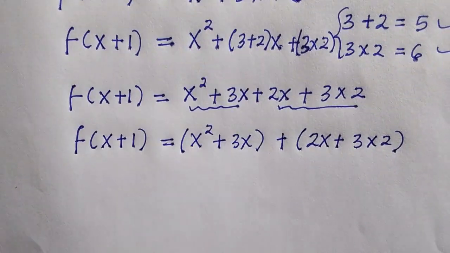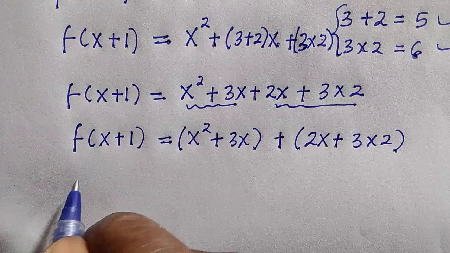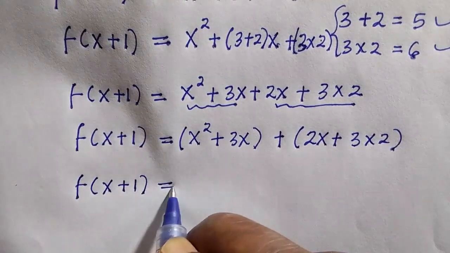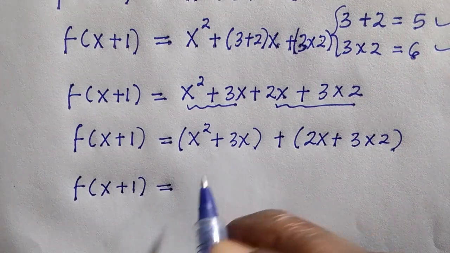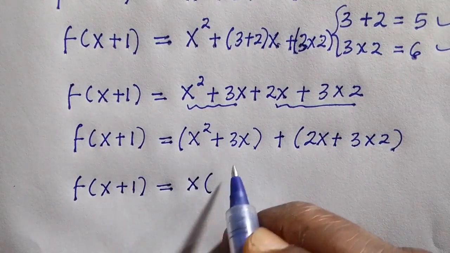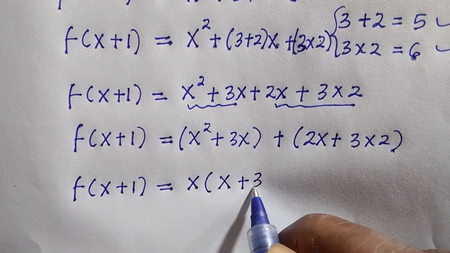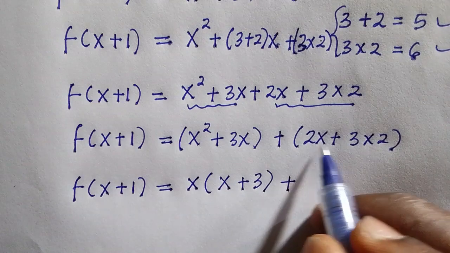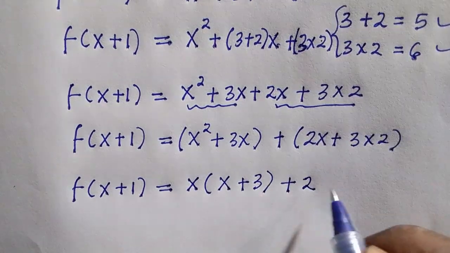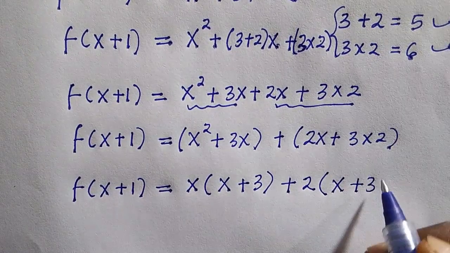So I'm trying to show you a step-by-step way of factorizing this quadratic equation. So here we have f of x plus 1 equals, what is common to this is x. By taking it out, we have x into bracket of, when we divide this by x, we get x, plus by dividing this by x, we get 3, plus also what is common to this one is 2. We have 2 here and we have 2 here. We factor it out, then in the bracket we are left with x plus 3.